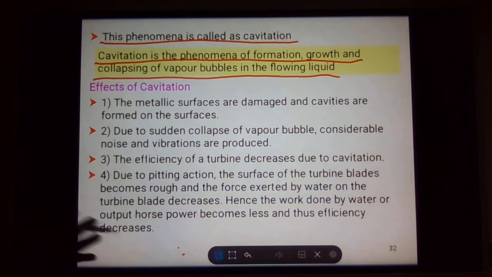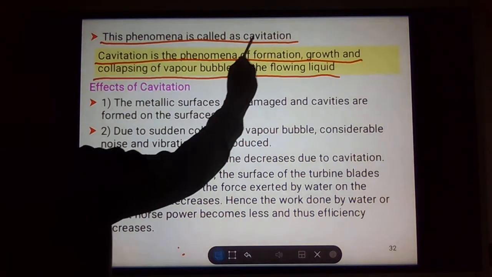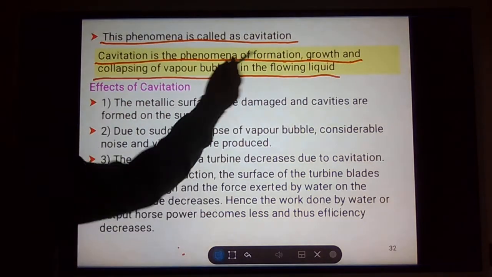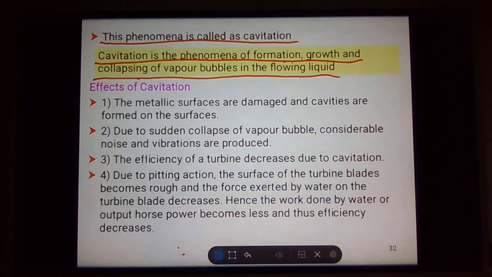So in one line we can say what is cavitation: cavitation is the phenomenon of formation, growth and collapsing of vapor bubbles in the flowing liquid.